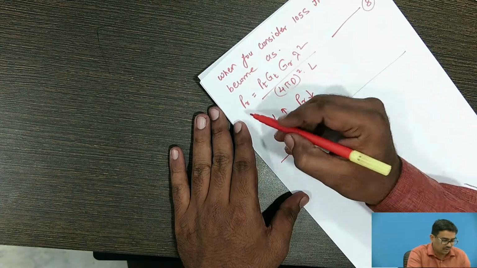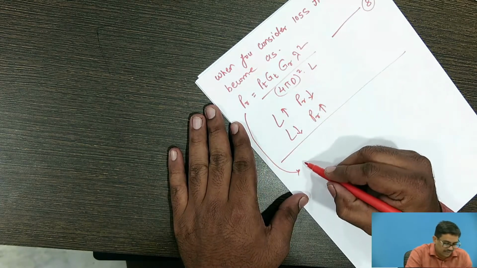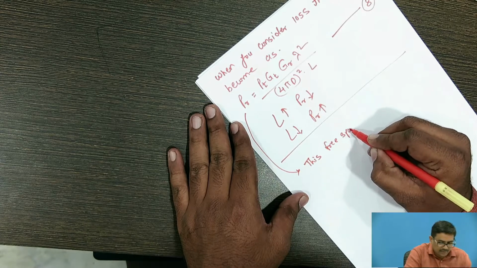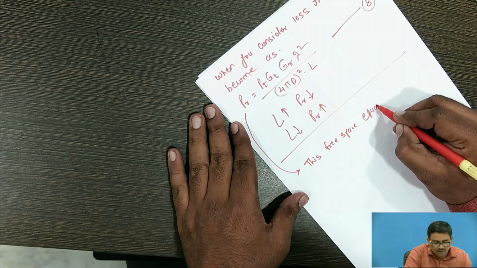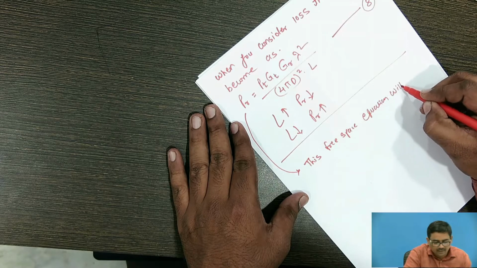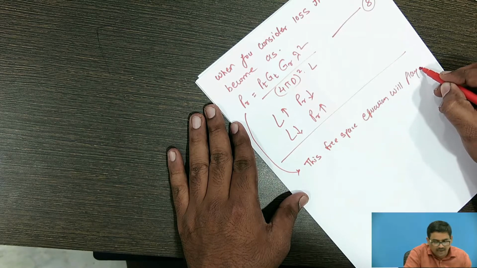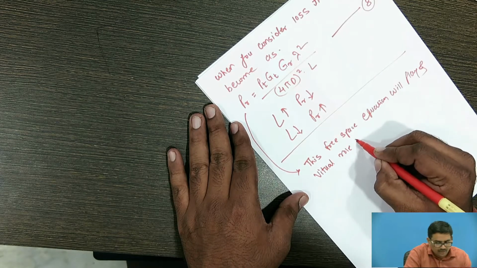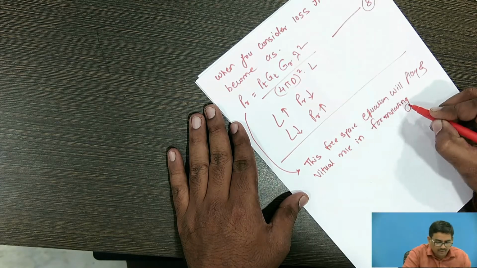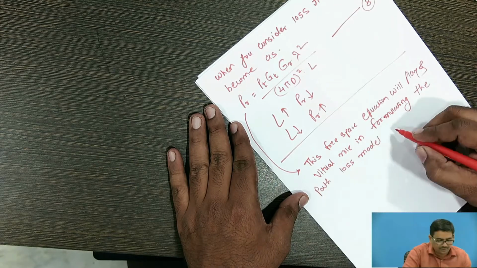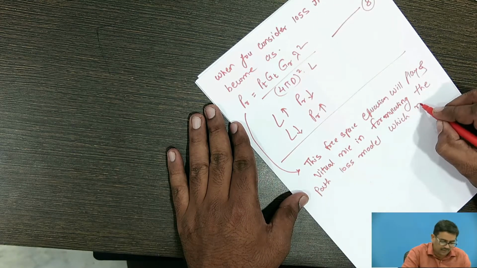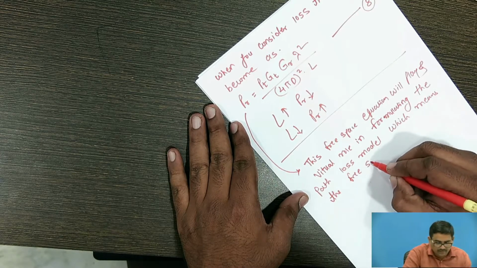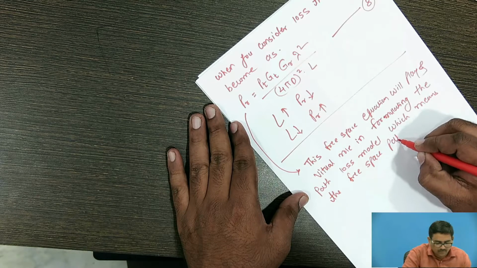Now whatever this equation is, we will get it as the free space equation. It will play a vital role in formulating the path loss model, which means, see, this is a very important thing, the free space path loss model.